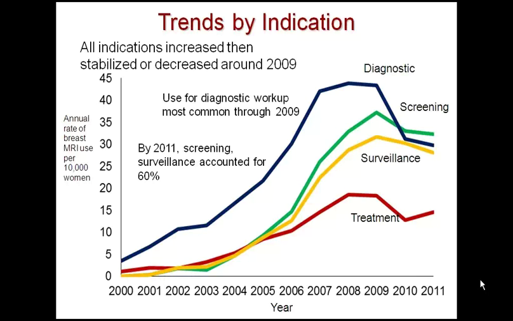And there was a suggestion that it's being overused, in cases where it's probably not going to be helpful. You were already going to do a biopsy. Why did you need to do the MRI to confirm that? So there's a push among the radiology community and other clinicians to tamp down on some of the overuse for diagnostic purposes. That could explain why diagnostic use takes the dip.